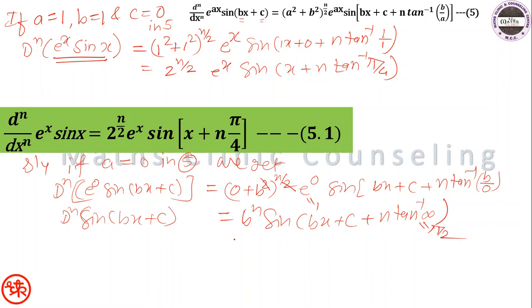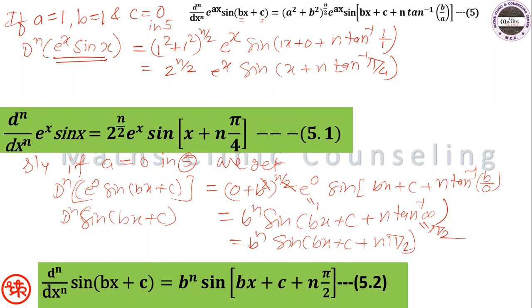So it is equal to b to the power n into sin of bx plus c plus n pi by 2. Is that clear? So this is the result.